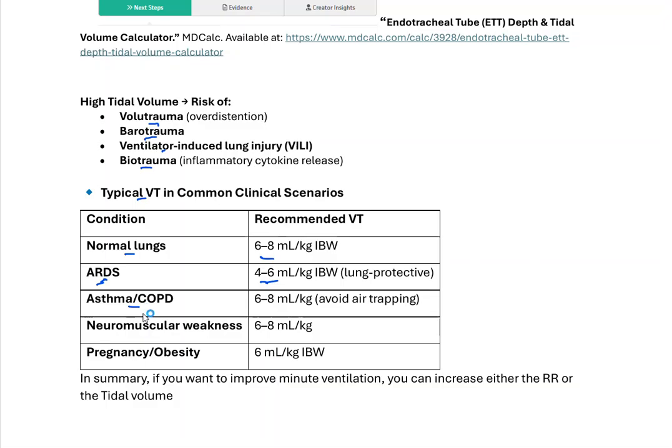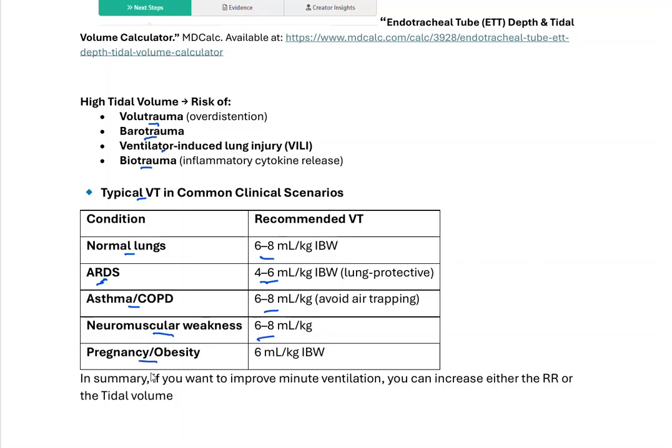If they have asthma or COPD, like we said, we can do 6 to 8 mL per kg of the ideal body weight. But most importantly, it's important to set the rate on a lower side to avoid gas trapping. And if they have neuromuscular disease, 6 to 8.